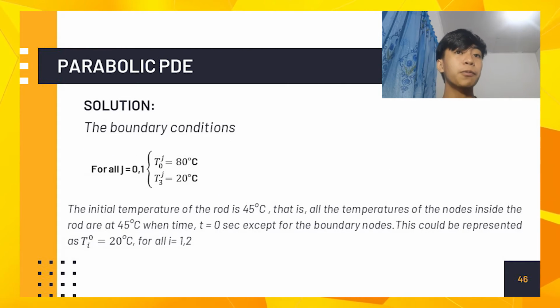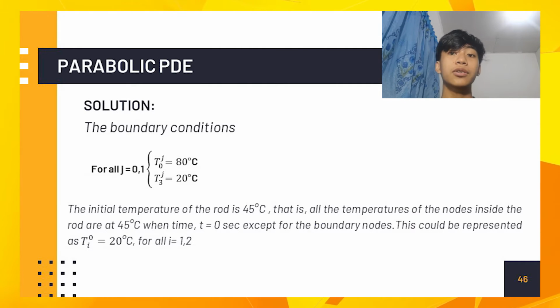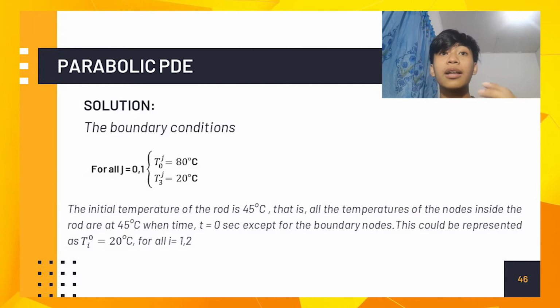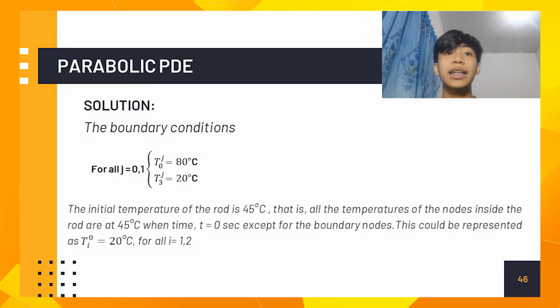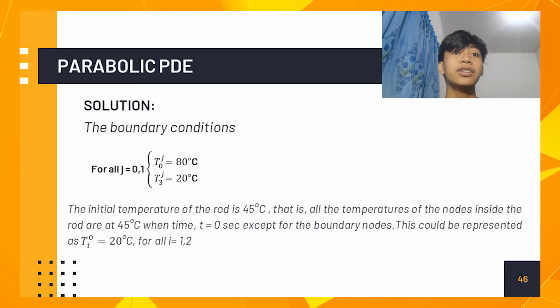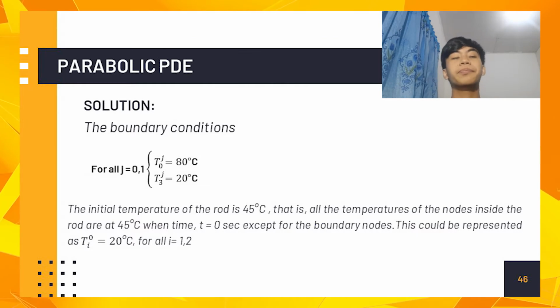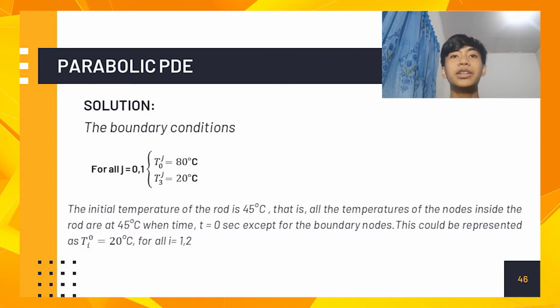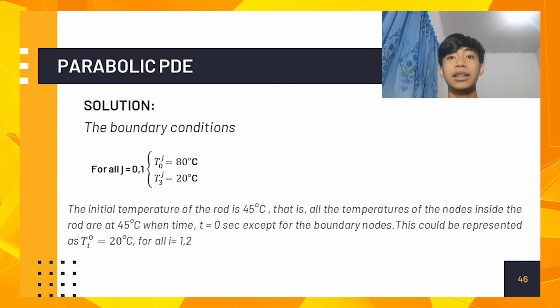So the boundary conditions for all j, for all t raised to j: sub 0 is equal to 80 degrees Celsius, and T raised to j sub 3 is equal to 20 degrees Celsius. The initial temperature of the rod is 45 degrees Celsius.